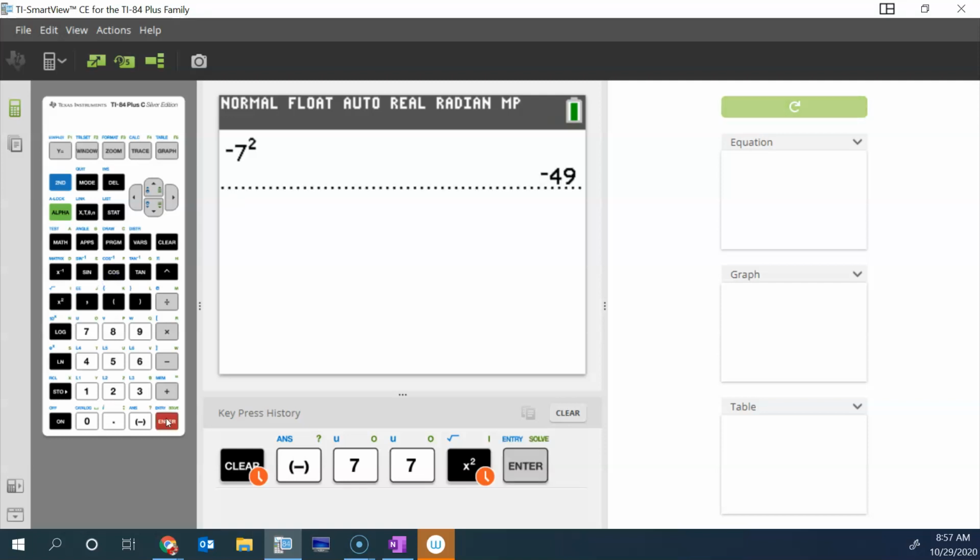It says -49. So you've got to understand how exponents work. That 2 only affects the 7. That's really a -1 there.